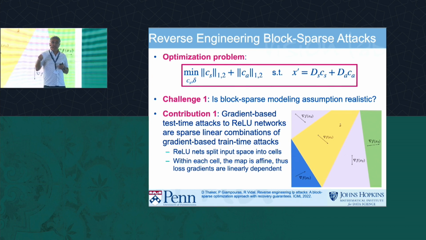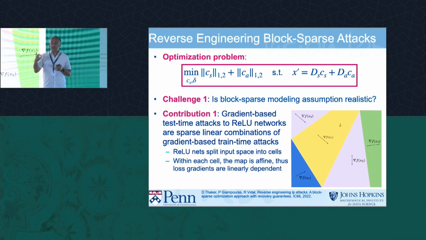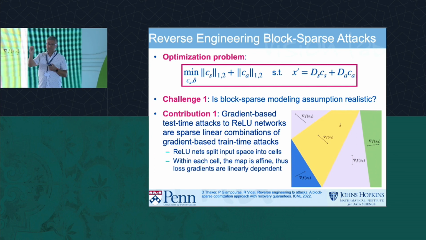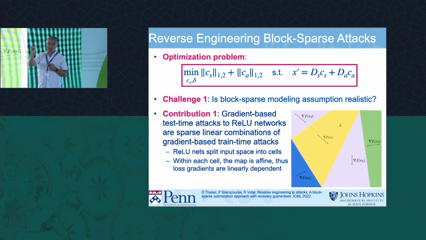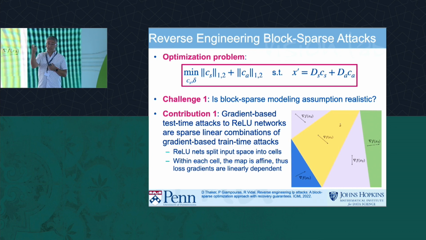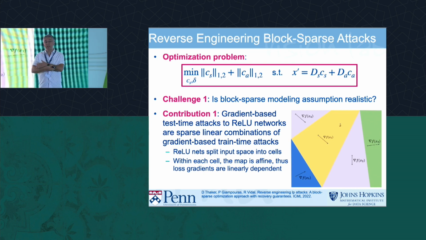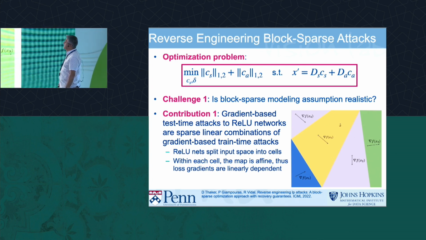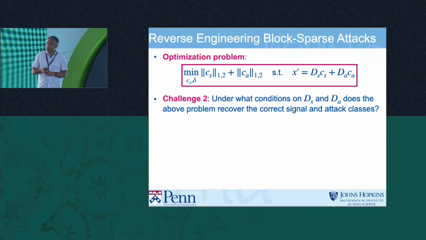And therefore, that block sparse decomposition does exist to begin with, because for a test example, the gradient, which all of the attacks are based on, is going to be a linear combination of only gradients from that block. And therefore, you have a one block sparse decomposition when you consider all the gradients of all the cells. So that's the first contribution.